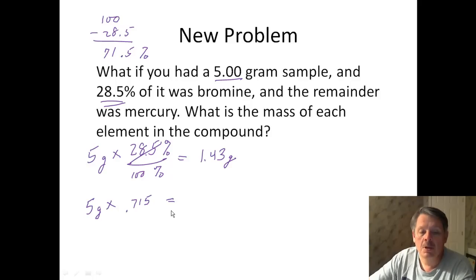I get 3.58 grams. That's the mercury, and that's the bromine. When I add these up, I get 5.01, which certainly is close enough for what we're doing.